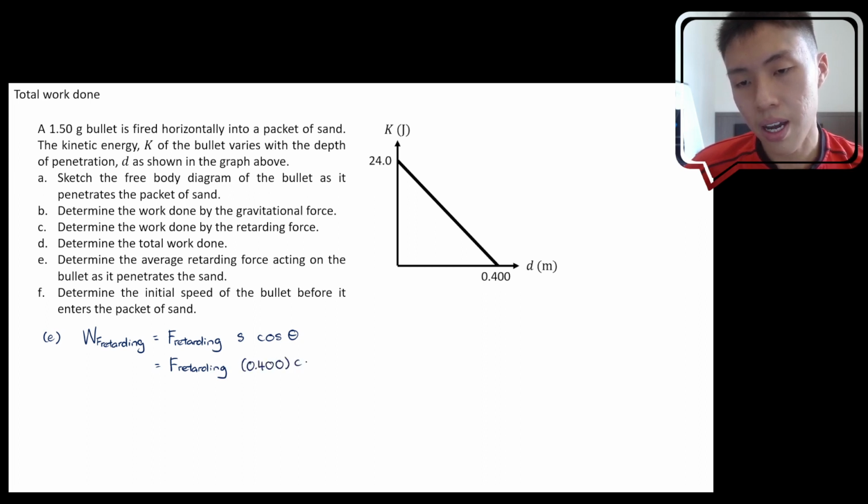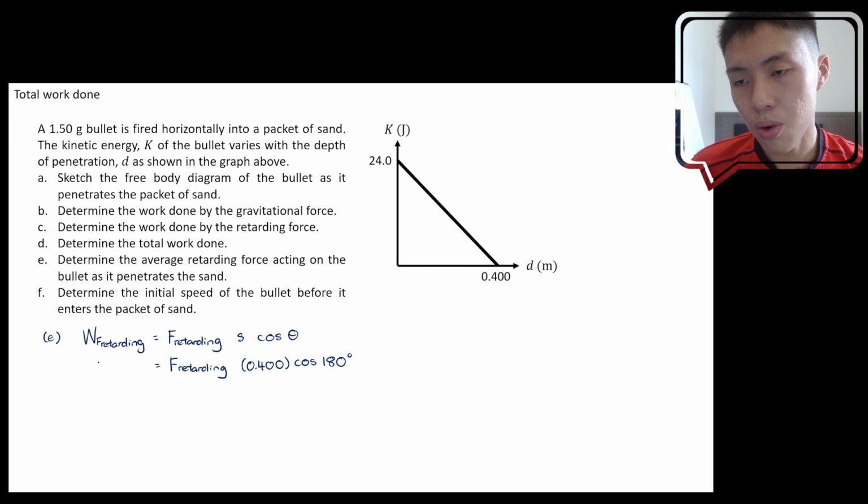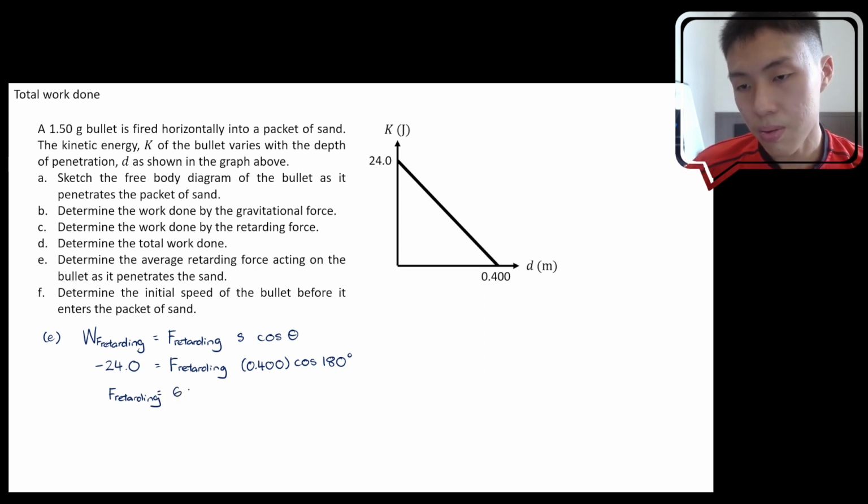Whereas the cos theta is cos 180 degrees because you are opposing the motion, right? We already know that the work done is negative 24. This is from question C. So now if you do your substitution into a calculator, I believe you'll find that the retarding force over here will be equal to 60 Newton.